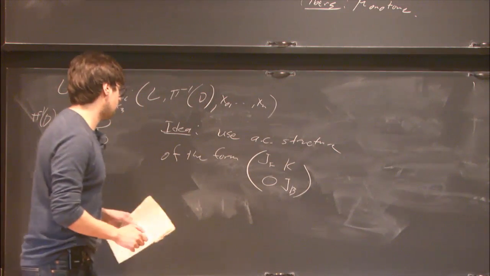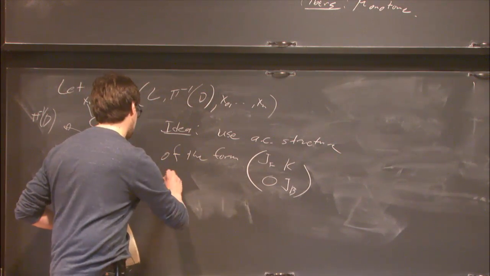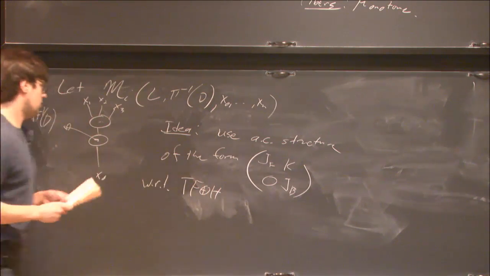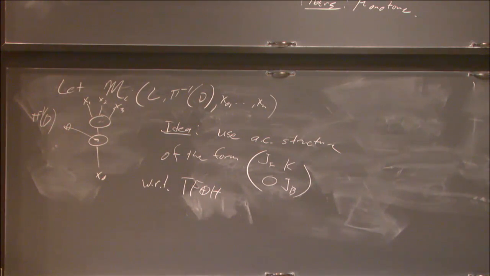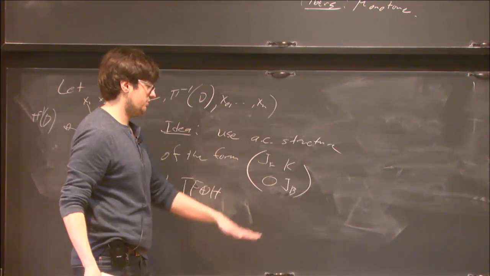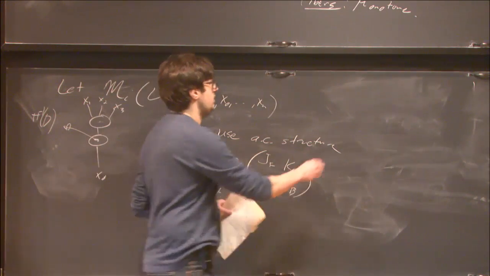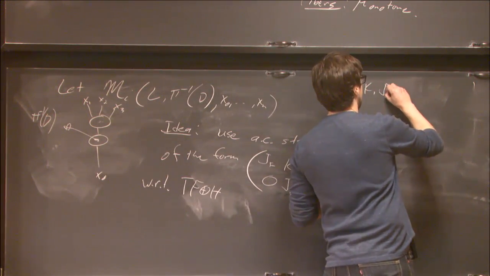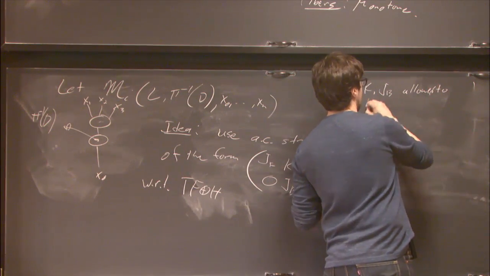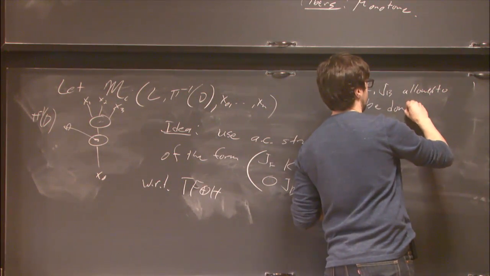So some sort of upper triangular with respect to this connection. This is going to be the pullback of some form on the base, so it's going to be constant along the fibers, and then K and J_B are allowed to be domain dependent.